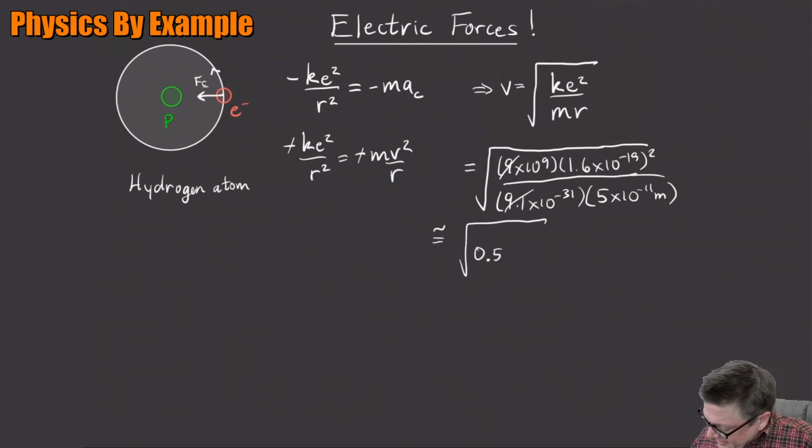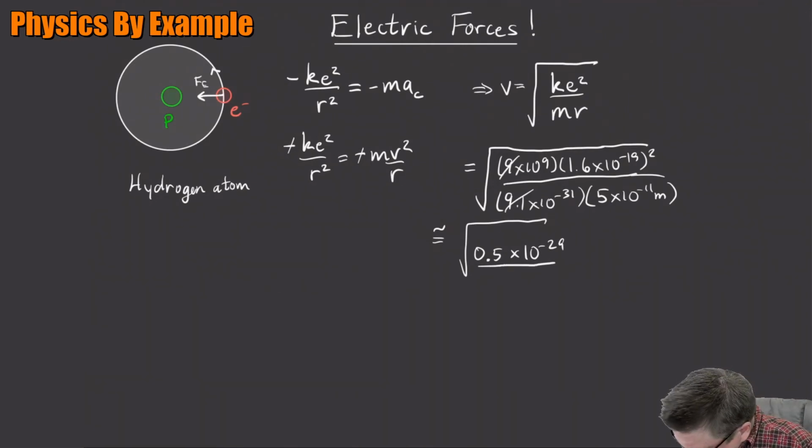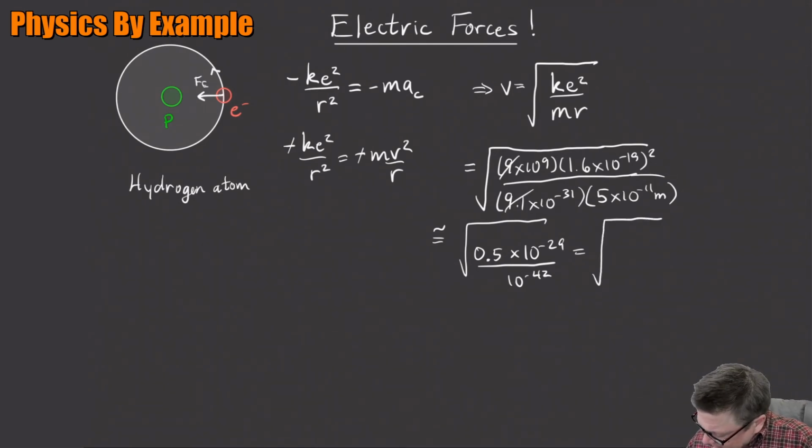On the top, I have 10 to the 9th and 10 to the minus 19th squared, that's 10 to the minus 38th. 10 to the 9th times 10 to the minus 38th is 10 to the minus 29th. And then on the bottom, minus 31 and minus 11. Goodness sakes, 10 to the minus 42 on the bottom. So this is going to be about 0.5 times 10 to the 13th.